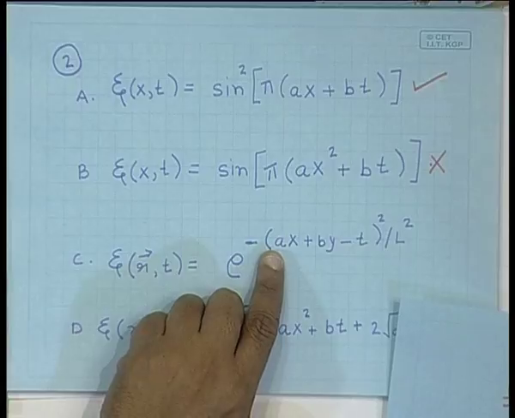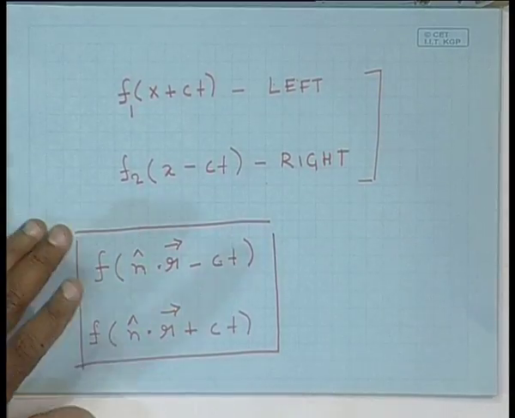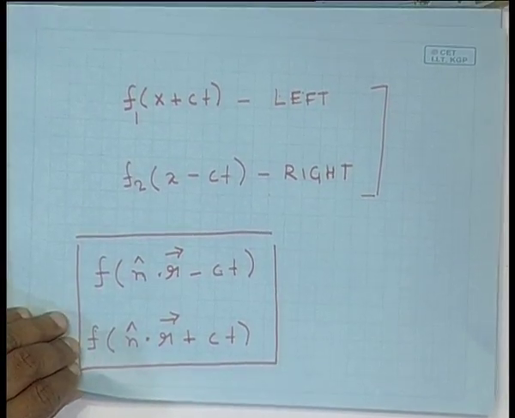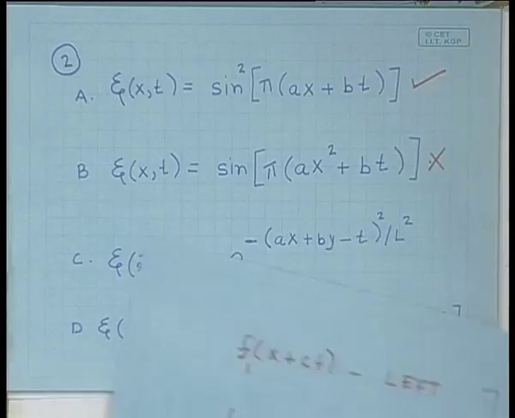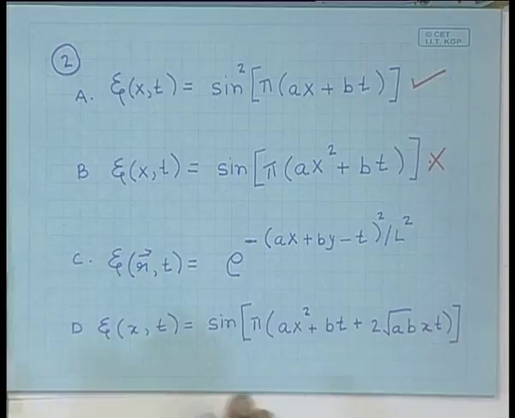Now, can you write this in this way? If you can, then it is a travelling wave, it is actually a travelling plane wave then. So, the question is, can you write this in that form? Just look at it for a few minutes and it will be clear whether this can be done or not.